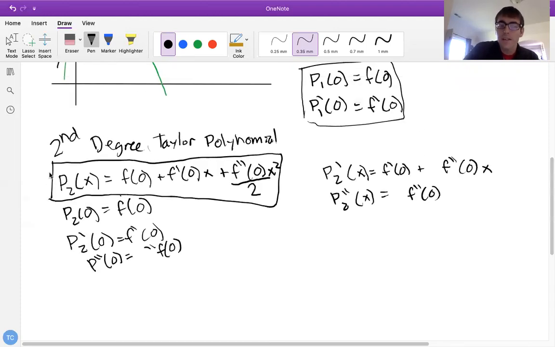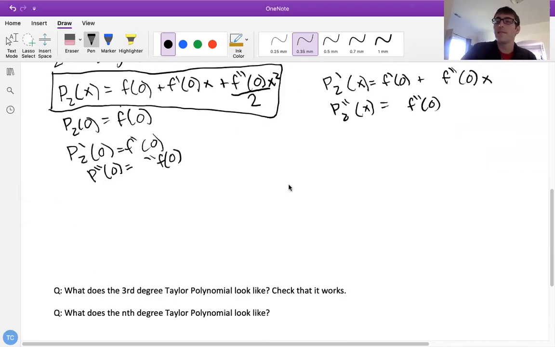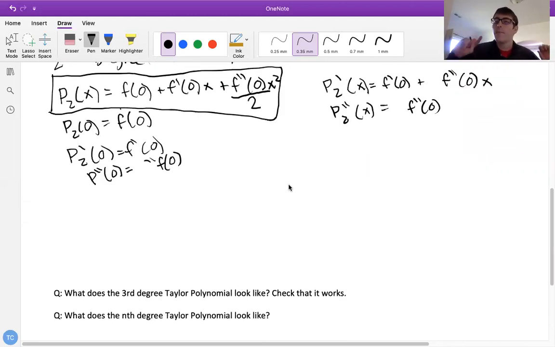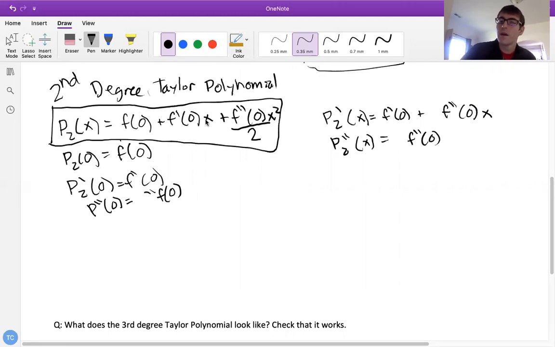We're looking for a very similar pattern, but we want to know what this next term should be. And yes, the answer is in the book, but try to work it out yourself. We can use the guess and check approach that I used here for the second degree. How do we adjust what this third term should be?